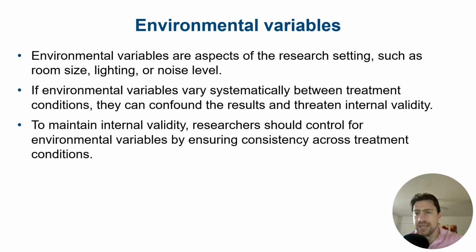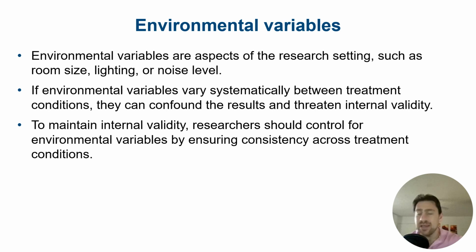All right, so first, environmental variables. These are variables that have to do with factors related to the environment. And this can be a problem if environmental variables differ systematically between your conditions. So we provided an example of this in the music study, right?